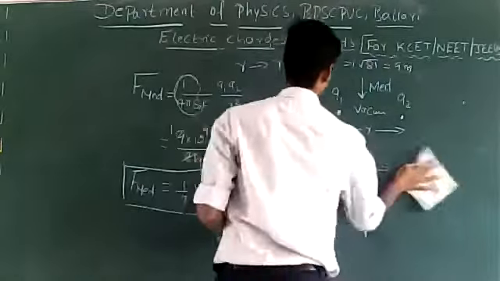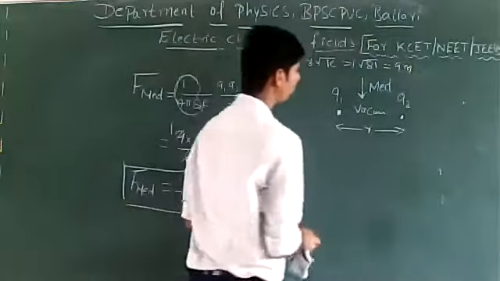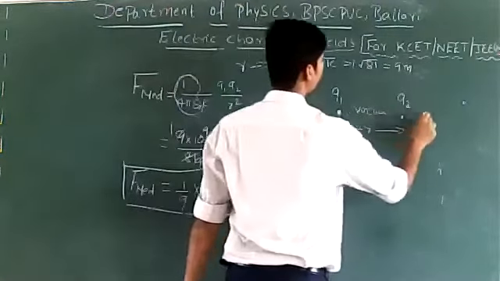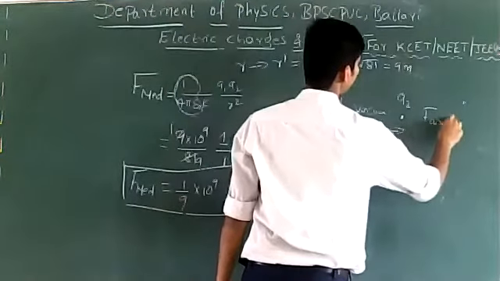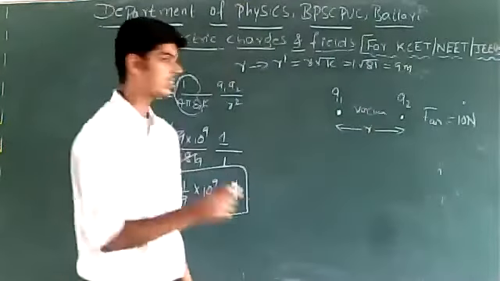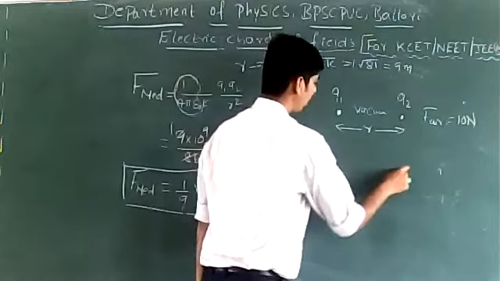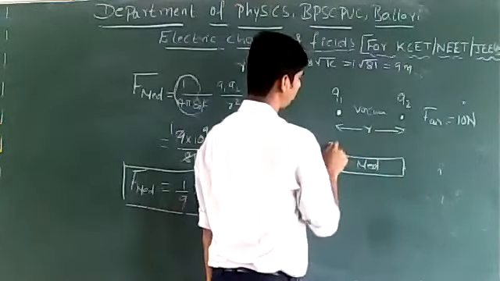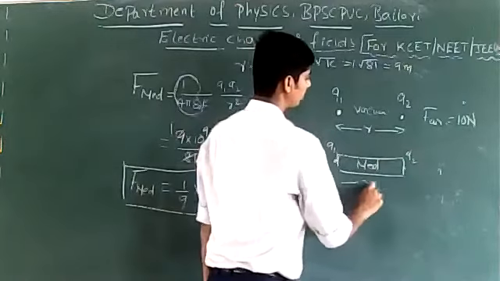Let us suppose the force between 2 point charges in the presence of vacuum is, say, 10 Newton. I introduce a medium between the 2 point charges without changing the distance.